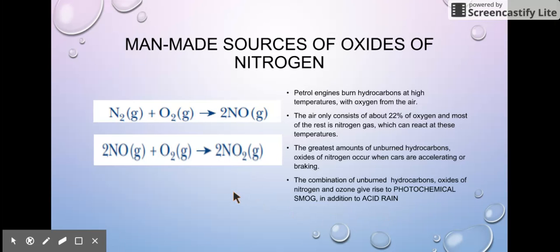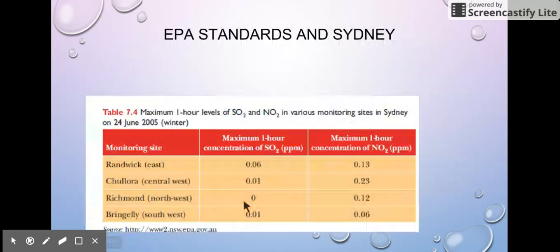Photochemical smog causes a large number of cities to have a blanket layer over them that looks almost brown. And Los Angeles has it because it exists in a basin. But then Sydney is not without these problems as well. You can see that different places have got different amounts of acid rain.